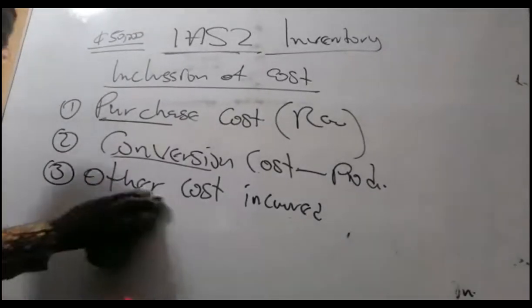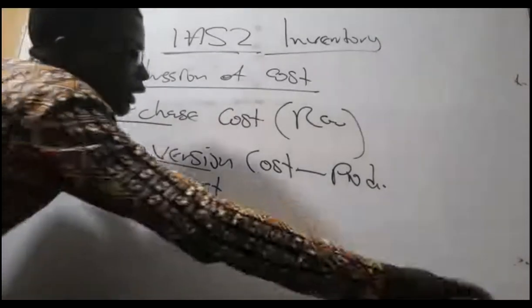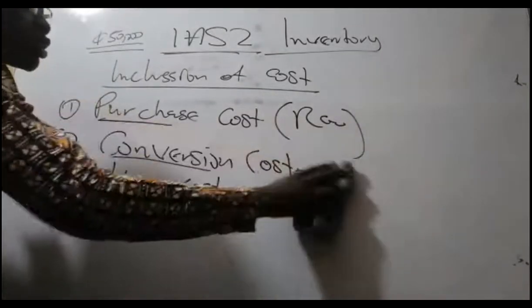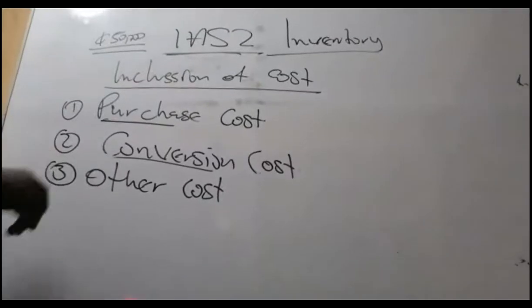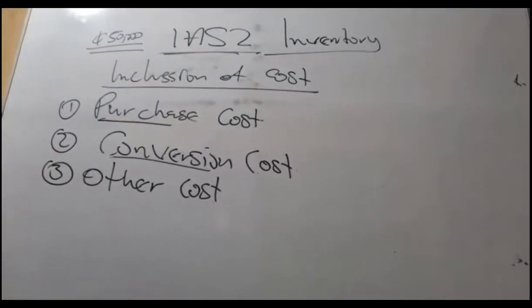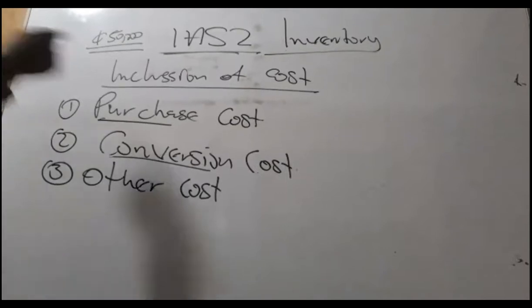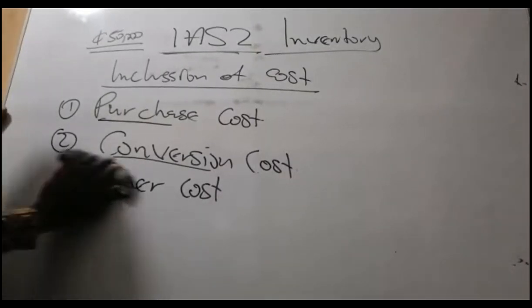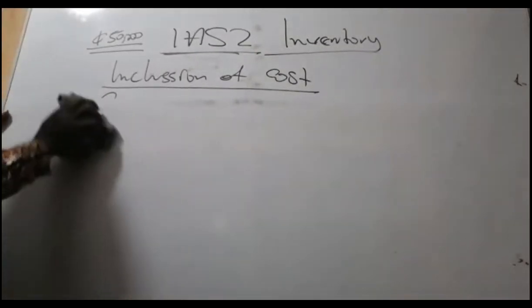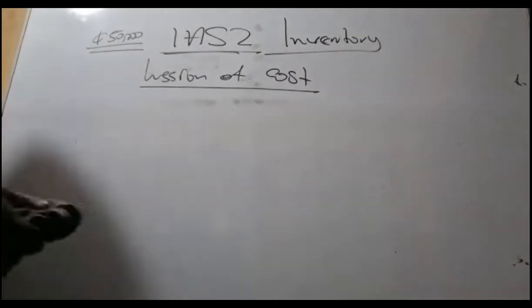So these are the three costs that should be in the cost of inventory. Now that we have inclusion, we also have exclusion. So this is inclusion; this one you have to add. Exclusion, you have to exclude it. Please, exclusion does not mean go and subtract. No, don't even touch it. So exclusion.